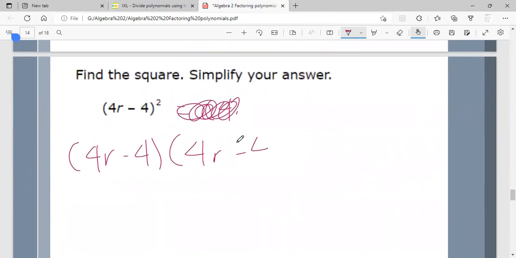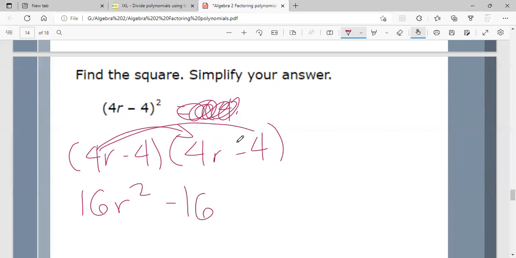So in this case, let's go ahead and do it. Because you got two 4r's, so 4r squared is the same as this. So let's FOIL it out. So we get 16r squared minus 16r minus 16r plus 16.